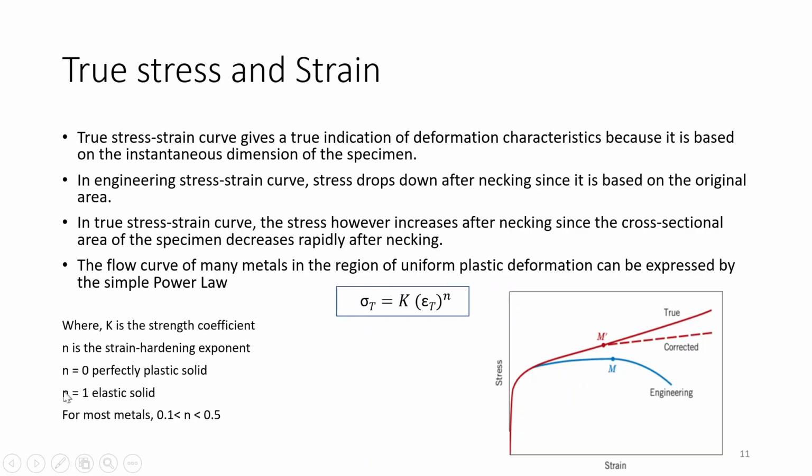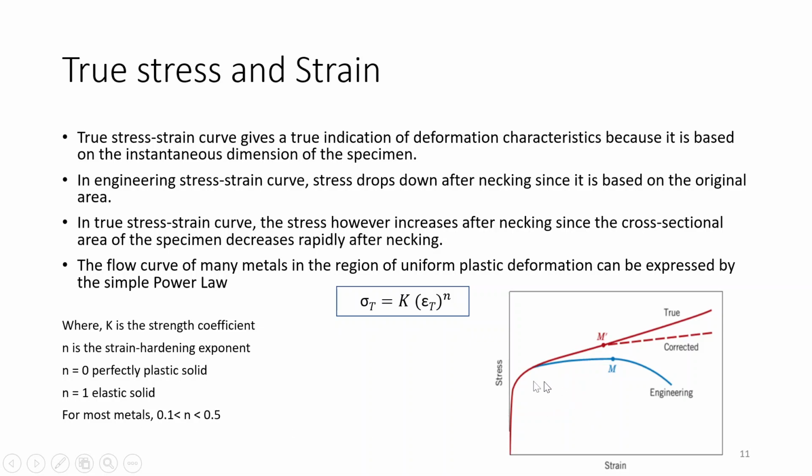This strain hardening exponent will be 0 in case of a perfectly plastic solid, and 1 for an elastic solid, and for most metals it will be between 0.1 and 0.5.